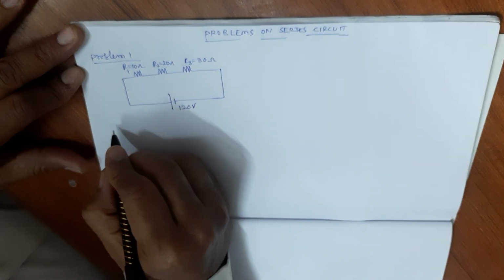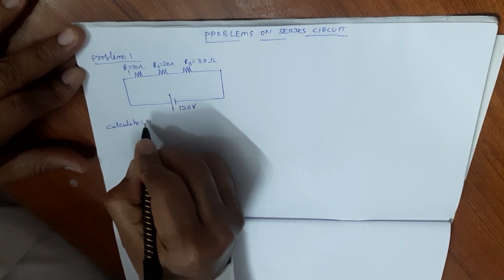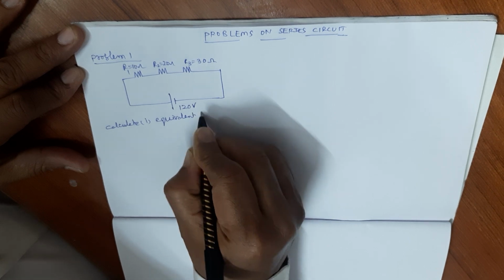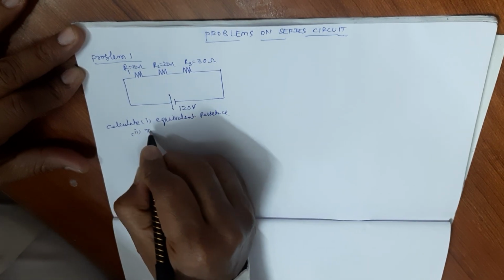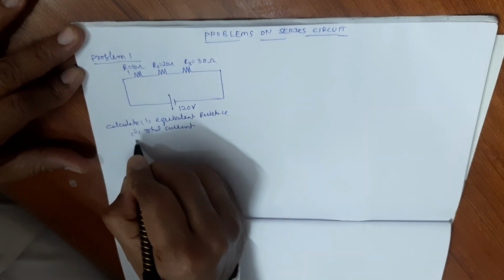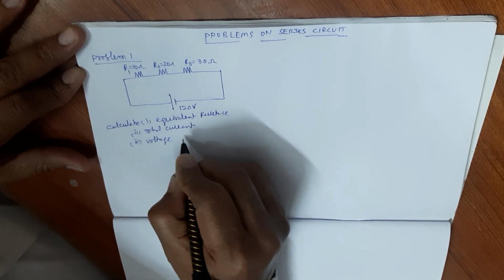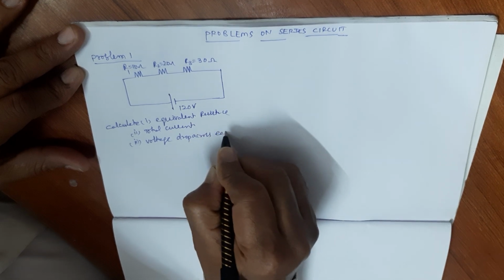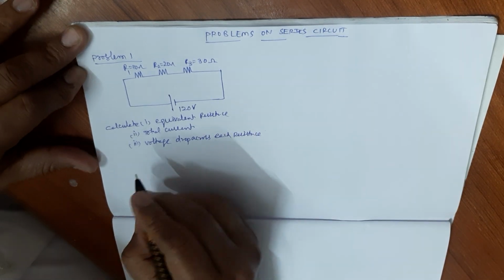Now, calculate: first one, equivalent resistance. Second one, total current. Third one, voltage drop across each resistance. So this is the problem.